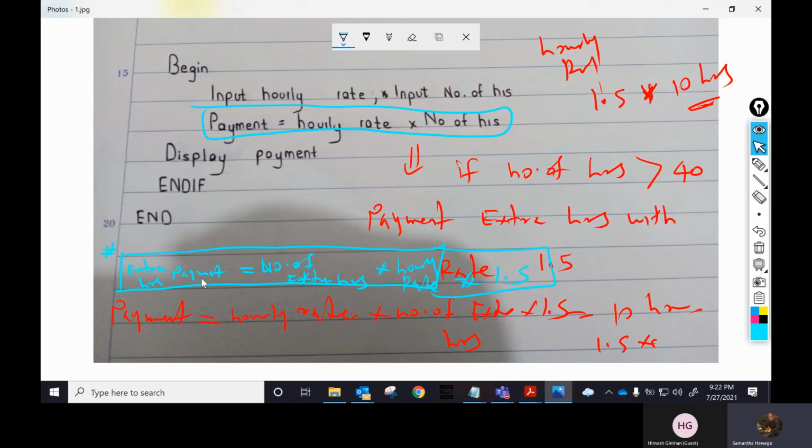For example, if I am working 50 hours, how is my payment going to be calculated? Can you tell me? Assuming that I am working 50 hours. How do you calculate my payment?